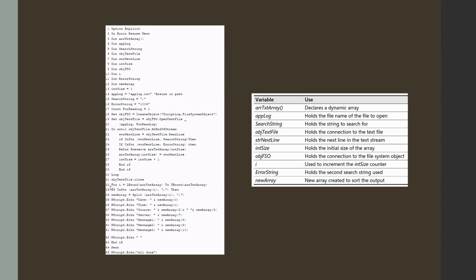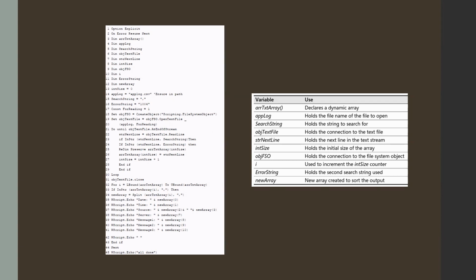Here down on line 32, I've got for I equals the lower bound to the upper bound. Because it is dynamic, we don't necessarily know what the lower and upper bounds are, so we go ahead and use the L bound and U bound. If there is a comma within my string of the value in that array, then I'm going to take that line and break it up with the comma.